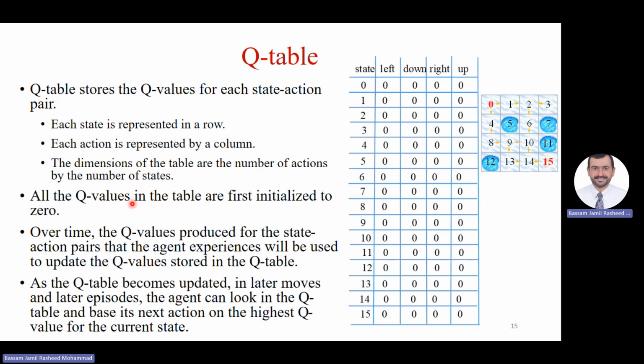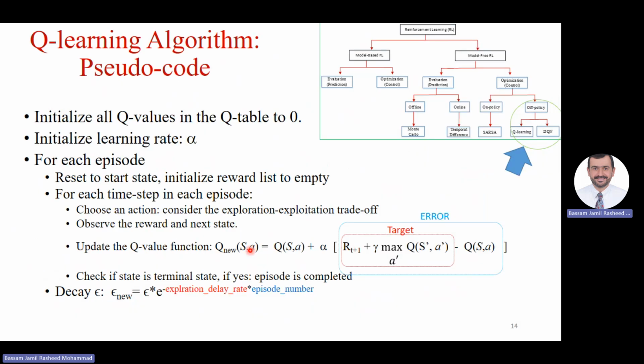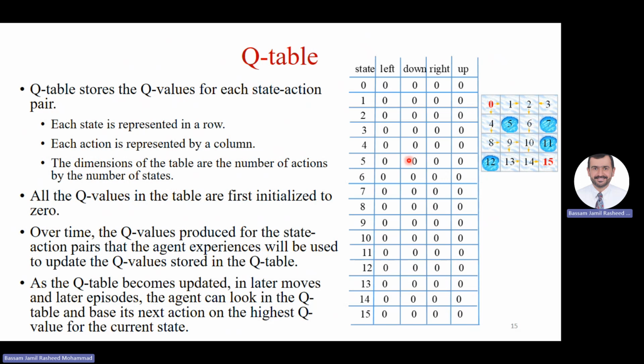All the values in the table are first initialized to zeros. Over time, the Q values for the state action pairs that the agent experiences will be used to update the Q table. So in the update equation, we will update these state action values as we train this model.